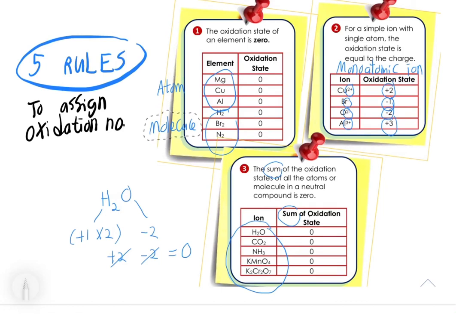Second, for monoatomic ion, the charge of the ion will be the oxidation state of the ion. Rule number 3, for neutral compound, the sum of the oxidation numbers is always 0.